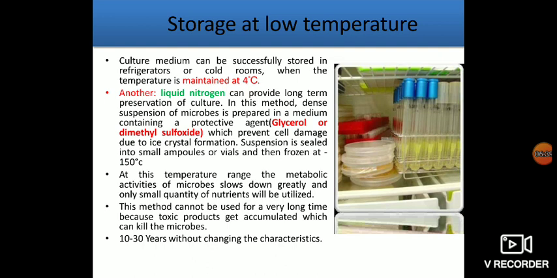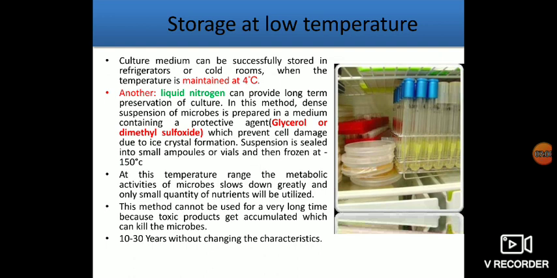At this temperature, the metabolic activity of the microbes slows down greatly, and only a small quantity of nutrient is utilized. As you already know, when you put the organism at a lower temperature, all the metabolic pathways are arrested, so the microorganism cannot grow as usual.